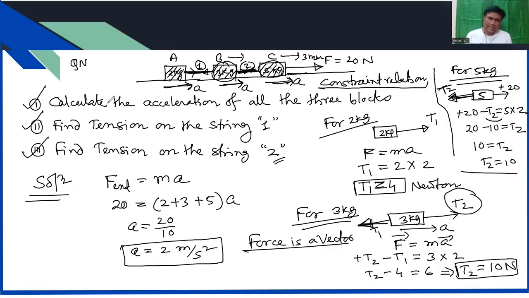What if the threads connecting the three boxes were of unequal length? Just take thread one, it was really small, and thread two was really big.